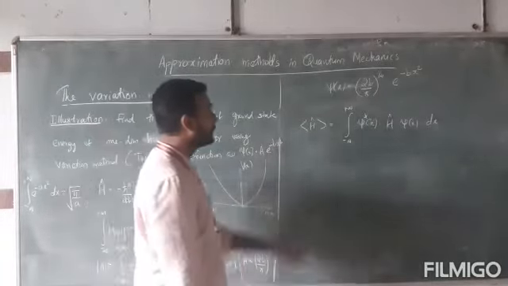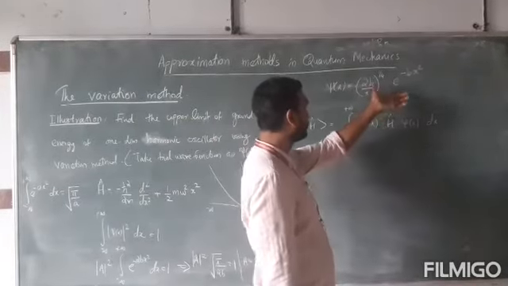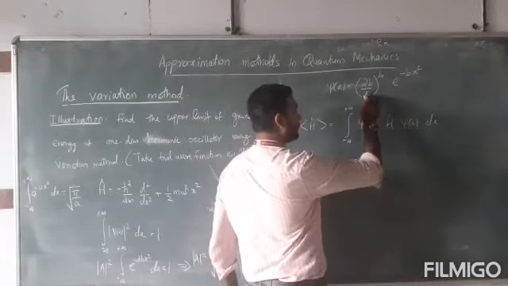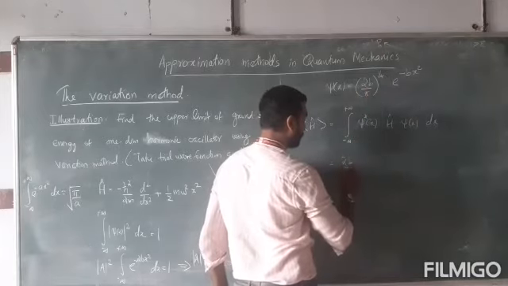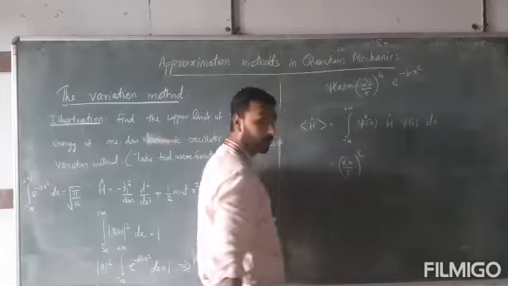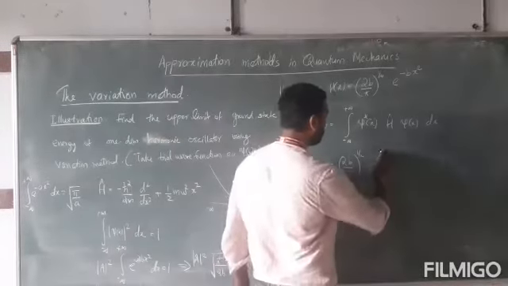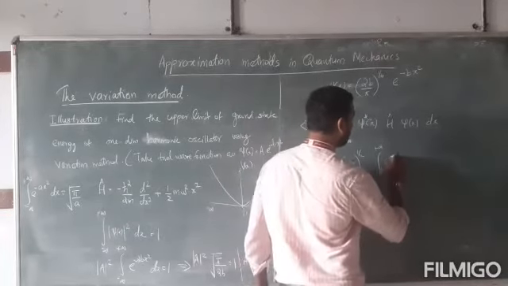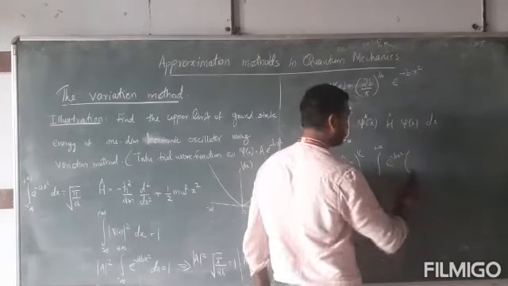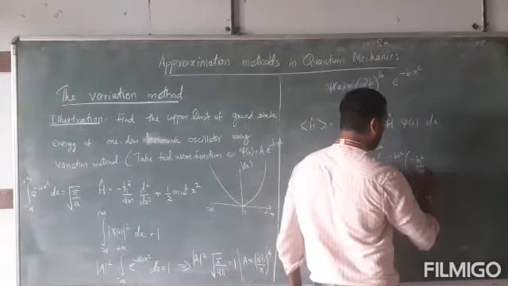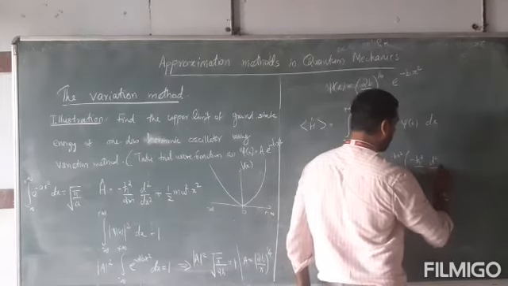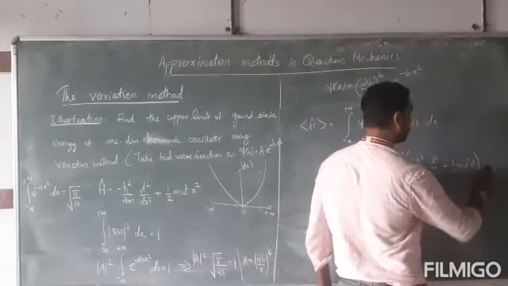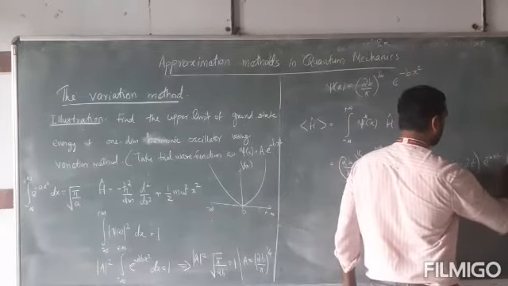Now it is a real function, so psi star will be the same. So there will be (2b by pi) raised to 1 by 2 commonly outside, into the integral of e raised to minus bx square, times minus h bar square by 2m d square by dx square plus half m omega square x square, times e raised to minus bx square dx.